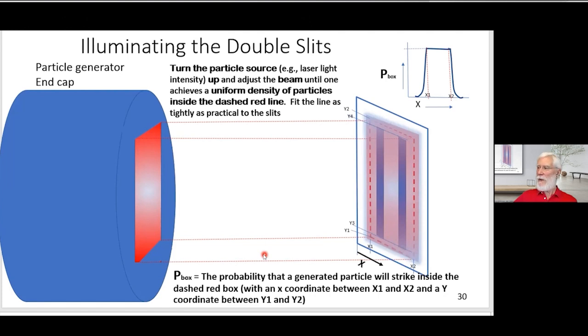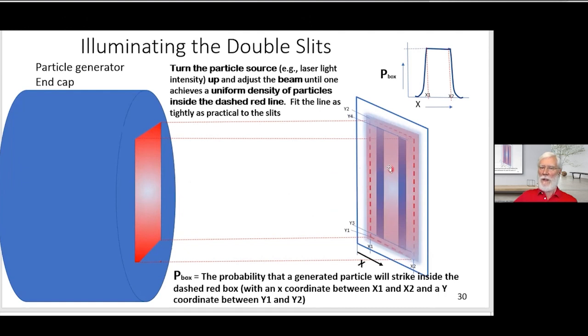And when they do, they're part of our experiment. And when they don't, and they hit between the slits or they hit out here, they're not part of our experiment. All we do is look at the particles that go through the slits. You see, so now it's all probability. A particle comes out of here, there's a certain probability that it's going to land out here on the edge and not go through a slit.